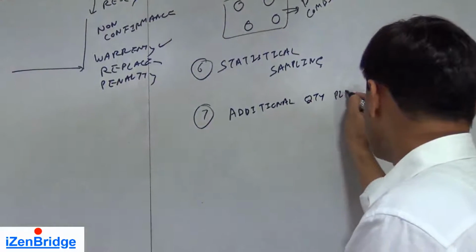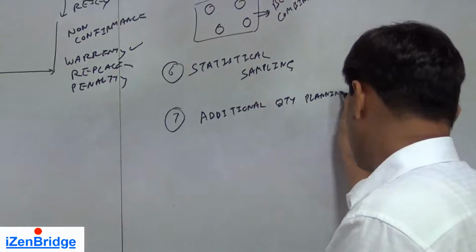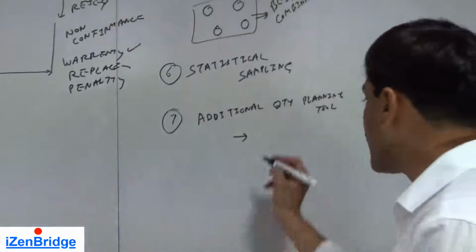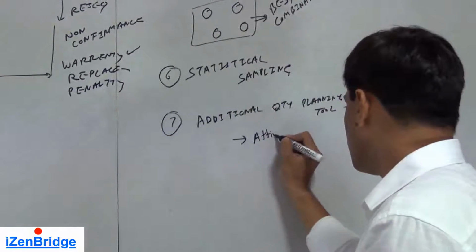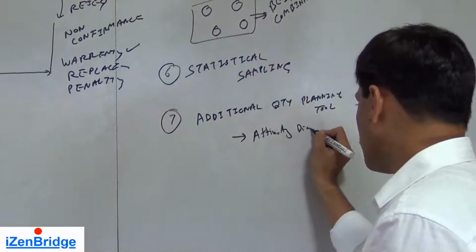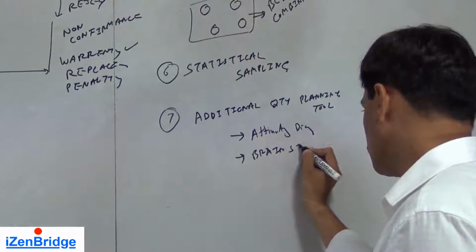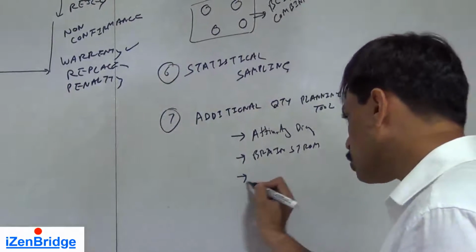These additional quality planning tools, in PMBOK, are tools like affinity diagram, brainstorming, or nominal group thinking.